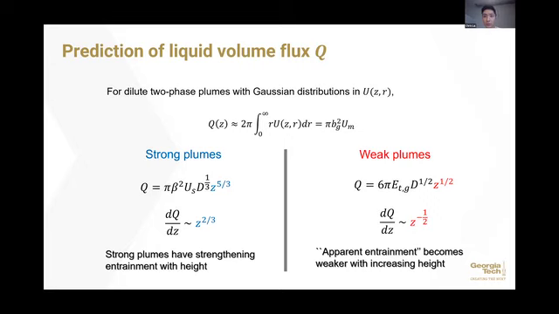And we think that this makes intuitive sense because as your bubbles become so spread out, they cannot work collectively together. They won't create an entrained flow into each other. So your dQ/dz should weaken with height.